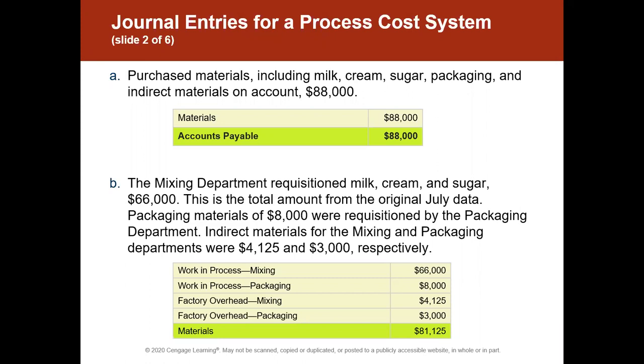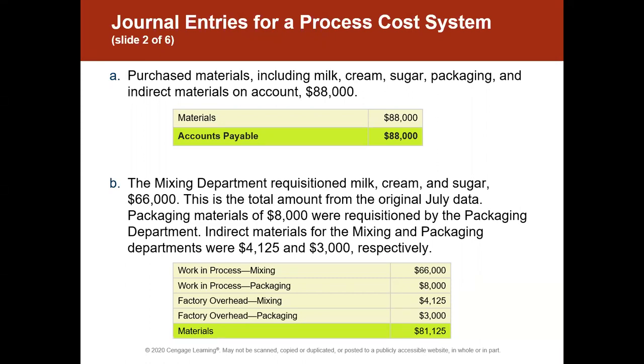First thing that happens is you purchase materials, including milk, cream, sugar, packaging, and indirect materials from a supplier. For the journal entry, I don't know why they don't have them offset to make the debit and credit clear, but they're going to debit materials and credit accounts payable.